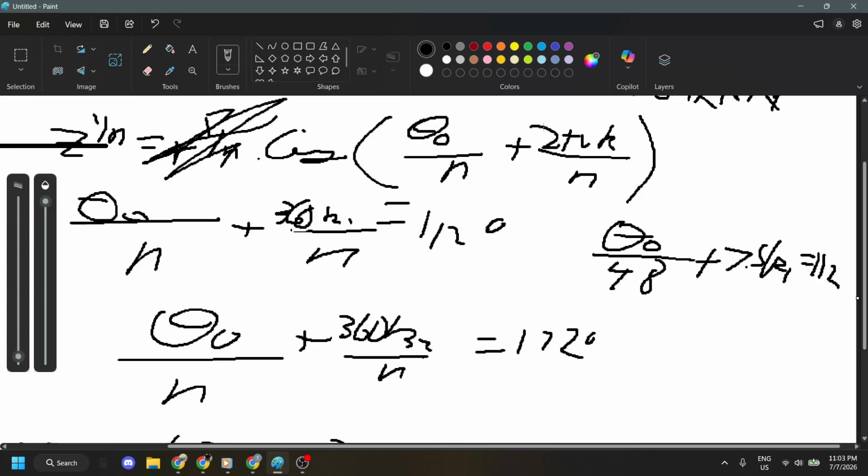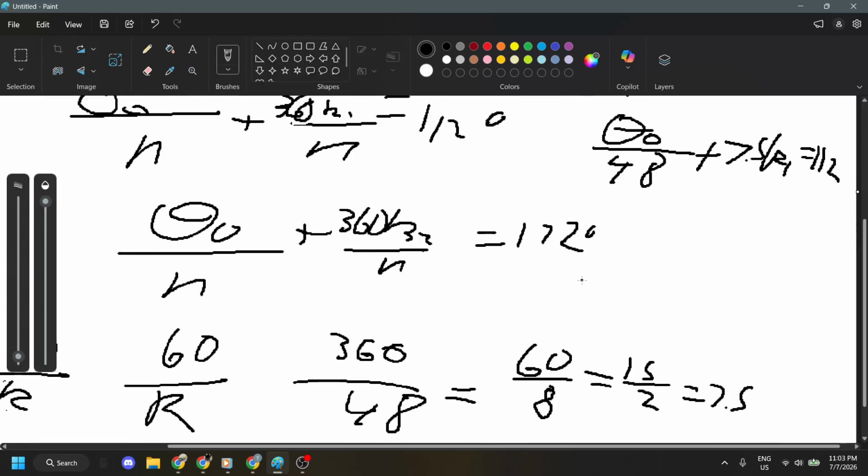I think it might just be 112 mod 7.5. This is going to be weird because it's a fractional modulo or whatever. Take out 75, we get 25 plus 12 is 37.